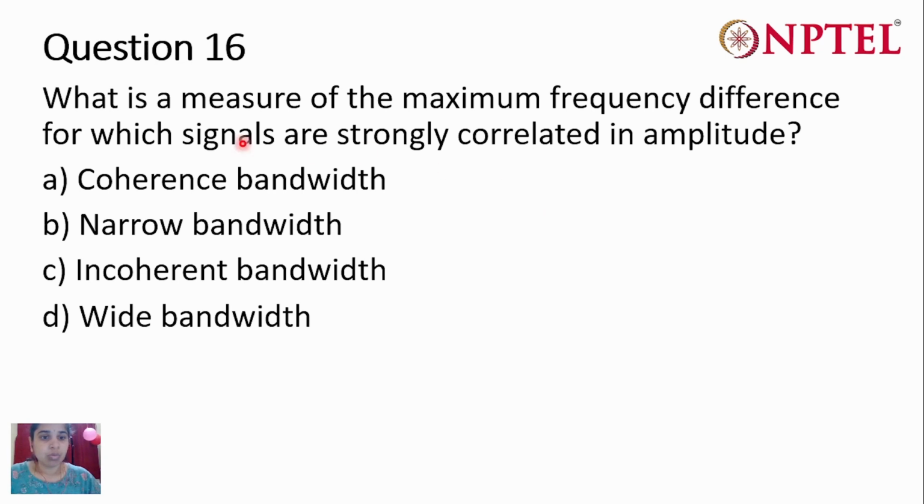What is the measure of the maximum frequency difference for which signals are strongly correlated in amplitude? To what term do we refer this? That is, it's the measure of the maximum frequency difference for which signals are strongly correlated.